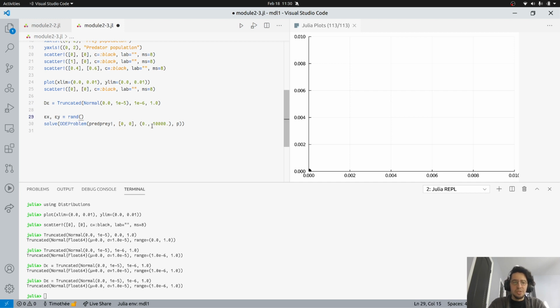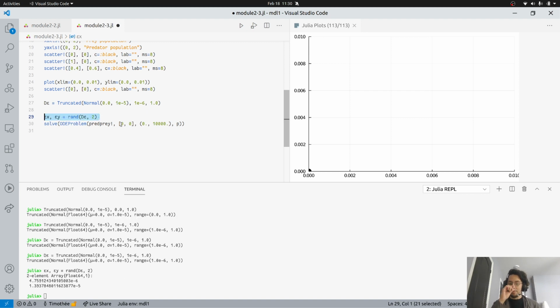So to get the displacement on x and the displacement on y, we are going to draw two values from epsilon. For this first simulation, we are going to move x 4 times 10 to the minus 6 steps to the right, and y 1 times 10 to the minus 5 steps upwards.